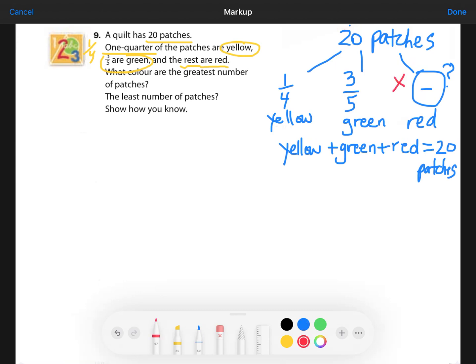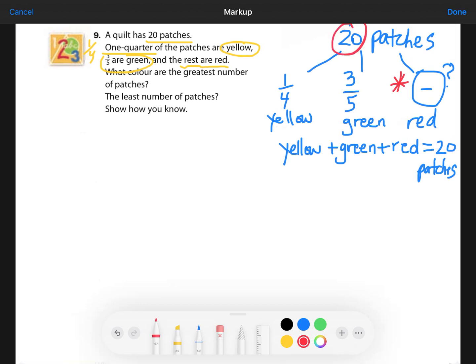But the tricky thing is I can't compare the three of them until I know how many are red. So if I was to add them up, I would be able to figure it out.